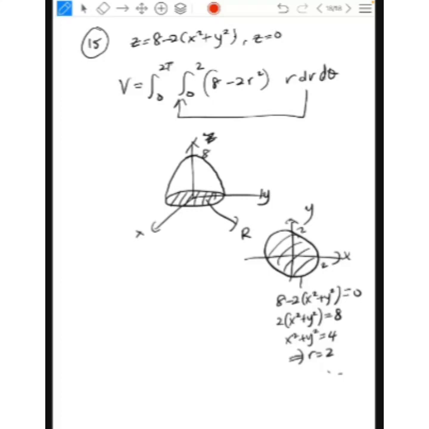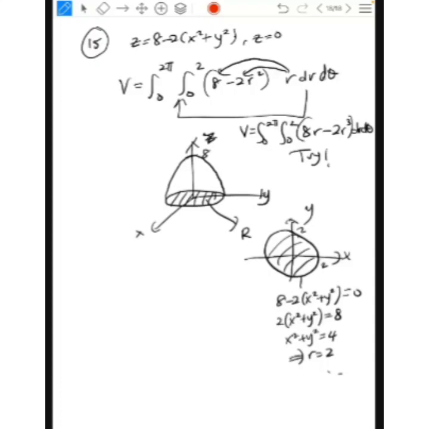Okay, so this one you can multiply, boleh, sebab dia cuma polinomial biasa, dia bukan square root ataupun exponent ke apa kan, dia bukan sine, bukan cos. Okay, then you can multiply lah. So it will be V equals integral 0 until 2 pi, 0 to 2, (8r minus 2r to the power of 3) dr d theta. So this is what you want to solve.